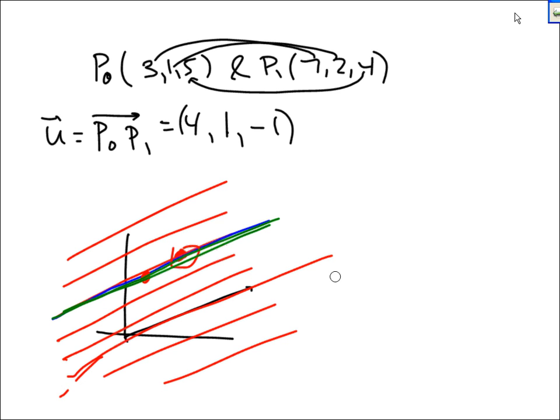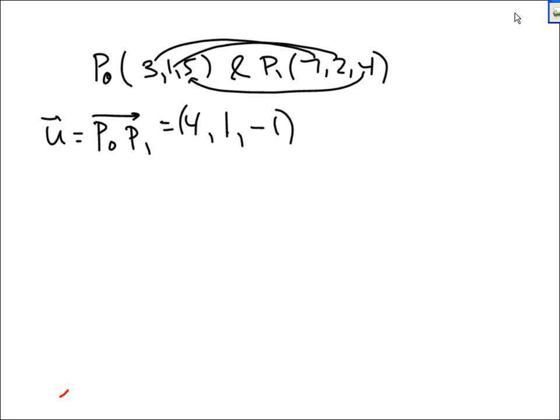So I have the vector U, and I pick any one of the 2 points. Convince yourself that, after you pick one of them and find the equation of the line, when you pick the other one, you get the same equation. Probably won't look the same, but it'll be the same.